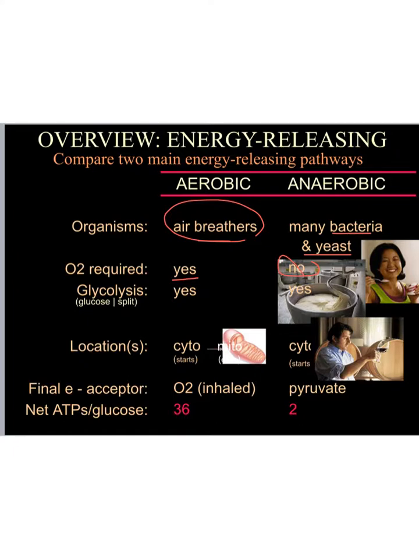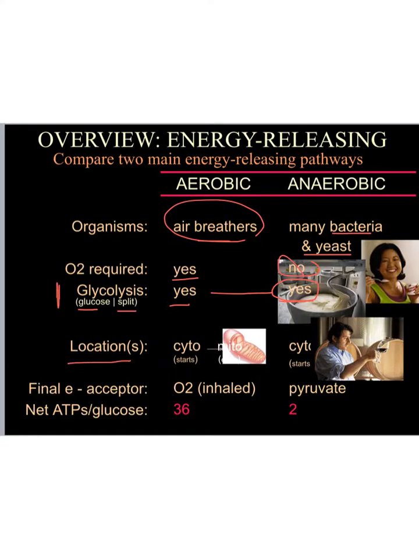So if we look at the phases, remember glycolysis was the first phase of respiration, and what this actually means is that we're going to split glucose. We're going to lyse or break apart glucose. Both aerobic respirators and anaerobic respirators carry out glycolysis. So glycolysis happens in both types of organisms.